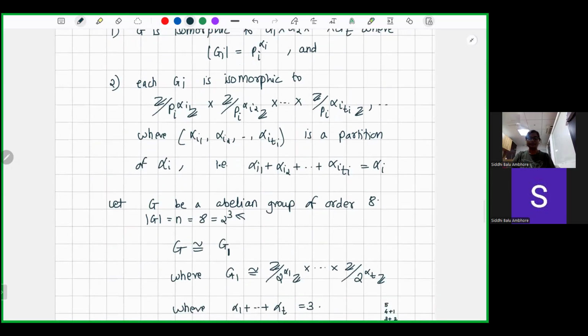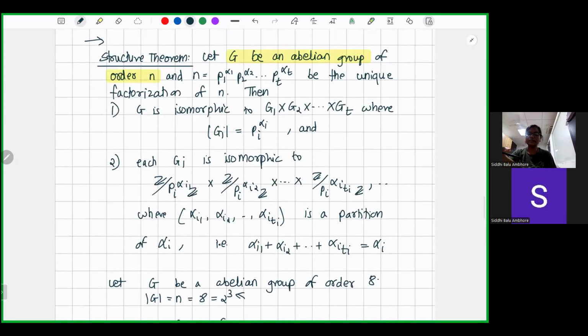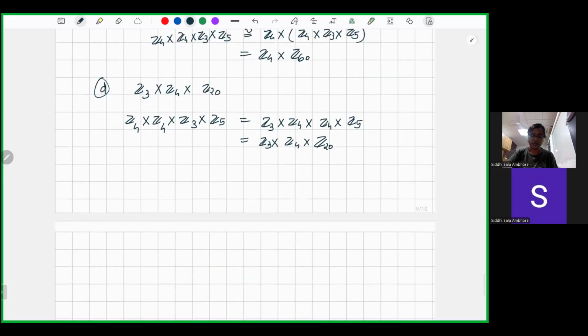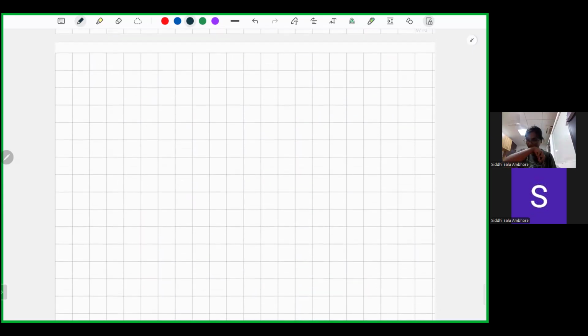But the structure theorem also says that it gives the explicit expression, and we'll see in the next example again, like how this is happening. Let us just check this once again.